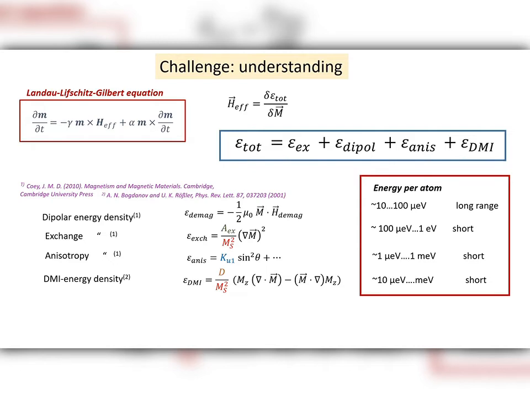Then the anisotropy and the DMI are also short range, but they are normally governed by the dipolar energy, which is small but very long range and adds up to normally a high value, and depends on the real structure, geometry and morphology of the system.